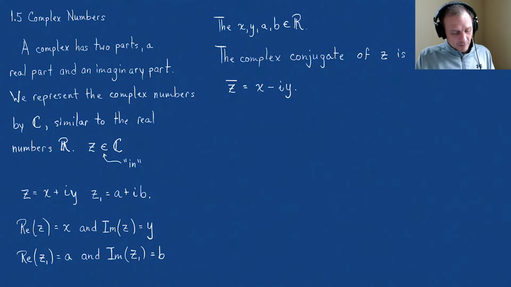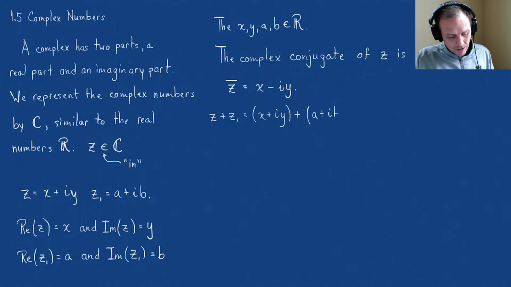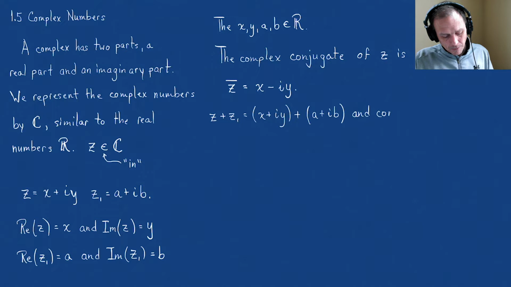Now I want to show you something. Let's see how we add, subtract, multiply, and divide. Well, adding and subtracting are the same, just a minus. So let's add. If I take Z and I add to it Z1, well, Z is x plus iy, and Z1 we said is a plus ib, and we combine like terms.